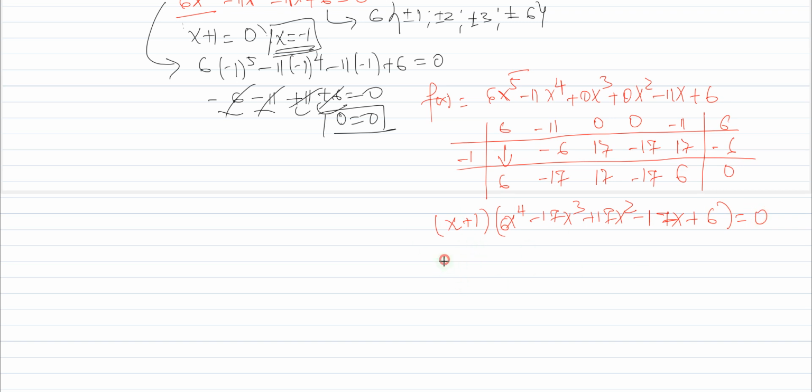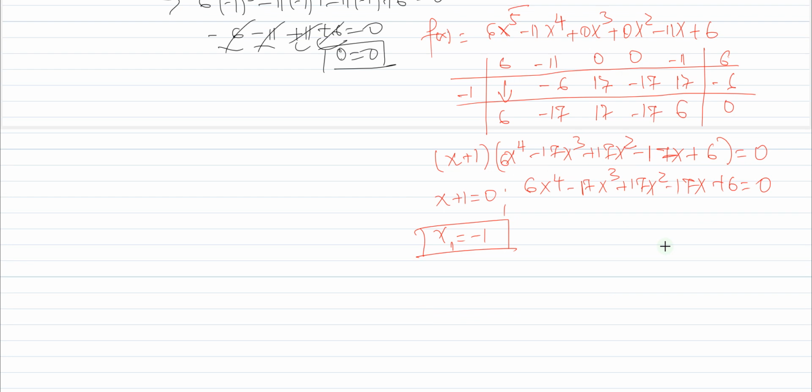From here we have that x plus 1 is equal to 0, and 6x to the 4 minus 17x cubed plus 17x squared minus 17x plus 6 is equal to 0. So we have x1 equals minus 1, and now we have to solve this equation.